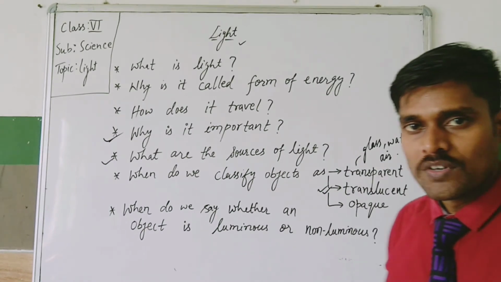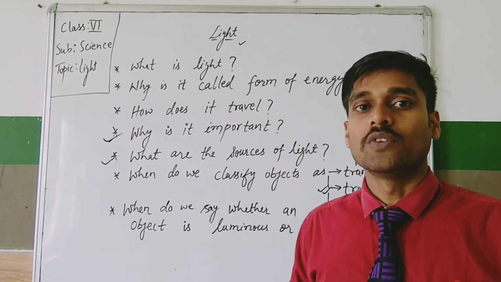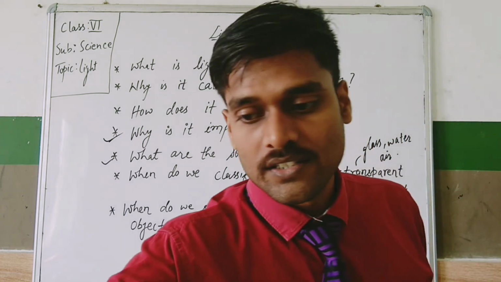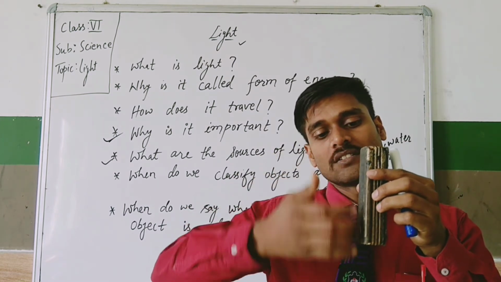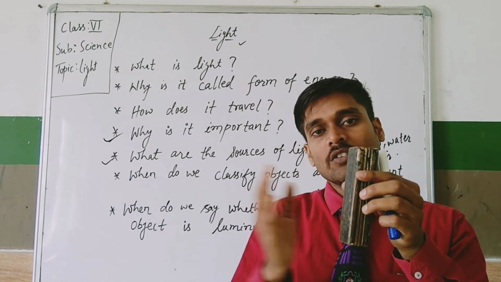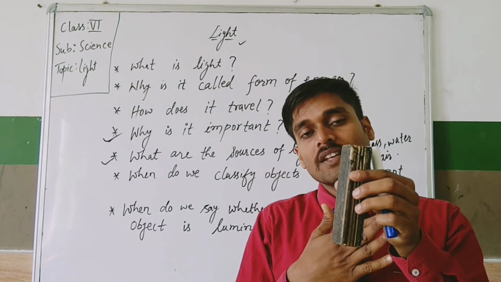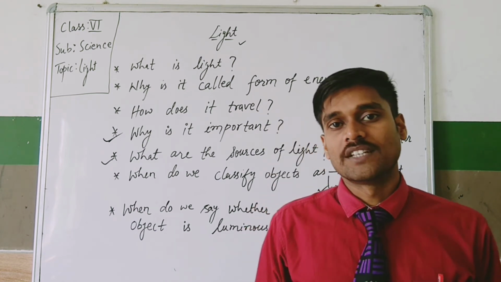And those which do not allow light to pass through, such as this duster, if light is falling onto this surface, it is not passing through. It doesn't allow the light falling on it to pass through, and hence this is called an opaque object.